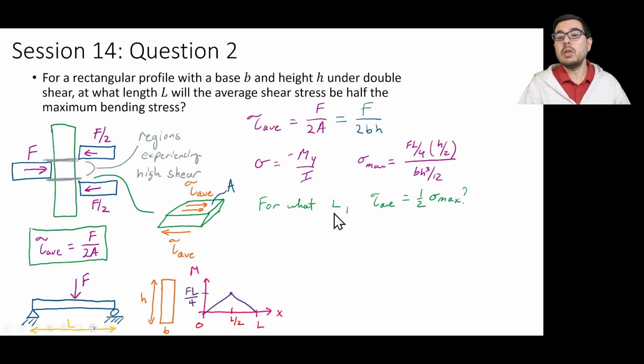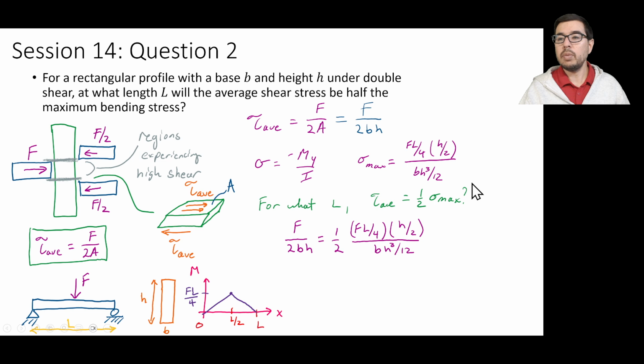And if L is larger than this, then the bending stress will dominate, because FL over 4 is the maximum bending moment, and as the length gets longer, this quantity FL over 4 gets larger. So we equate this equation right here with this equation right here.